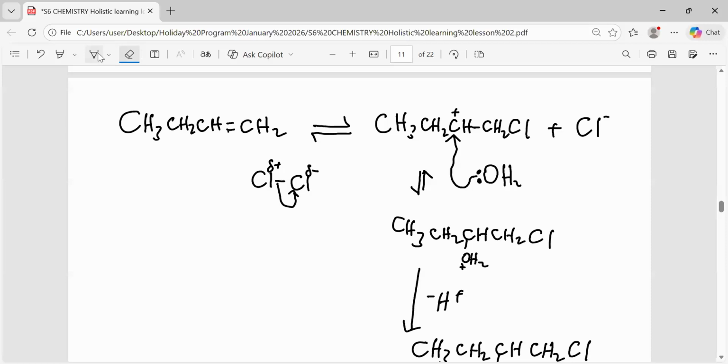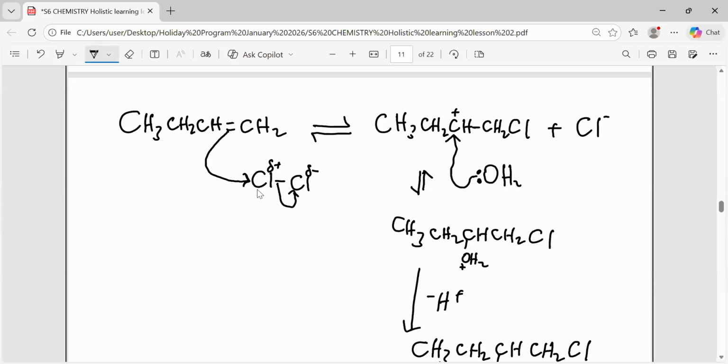So the arrow is coming from the double bond, then it is coming to this. It can be very close, even if it doesn't touch, but not putting it very far. You have seen some learners doing it in this manner, and then they reach it there.